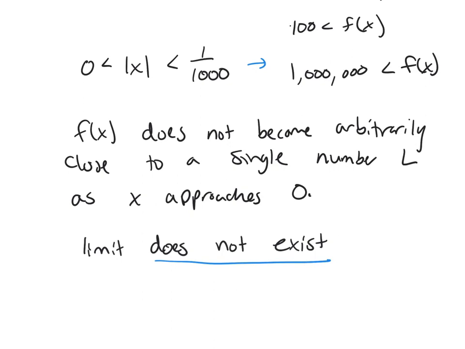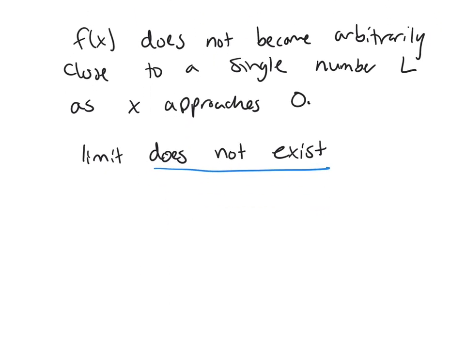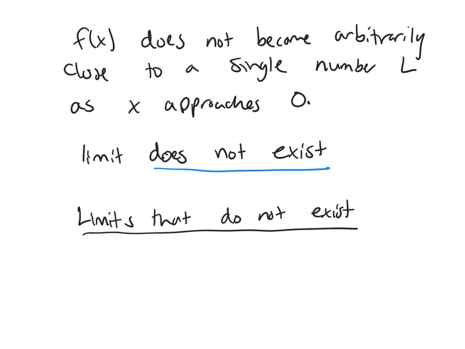So we've seen a few different examples throughout this section, and I thought I would kind of recap. In particular, recap limits that do not exist. When does a limit not exist?